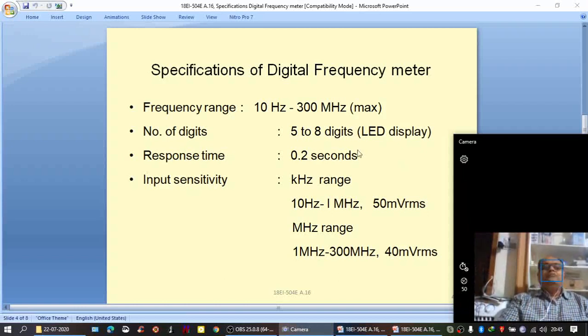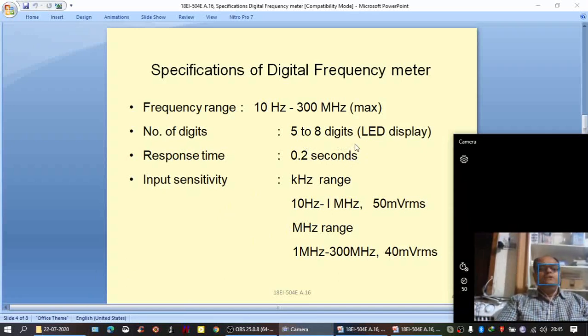And number of digits. Different frequency meters from different manufacturers can have different number of digits. But in general, the number of active digits on the digital display of a commercial frequency counter varies from 5 to 8 digits.